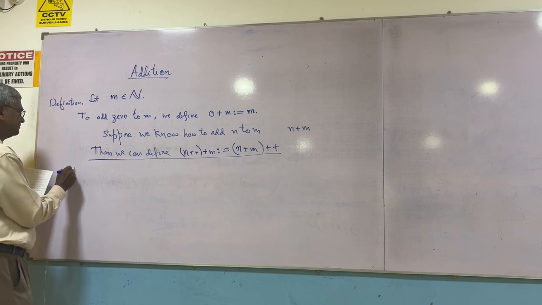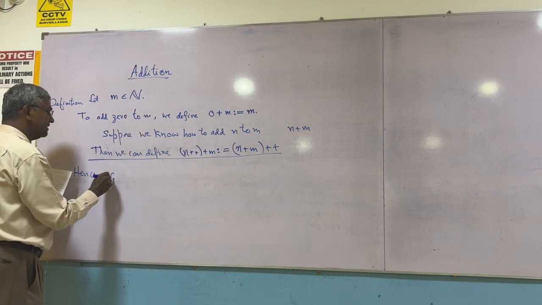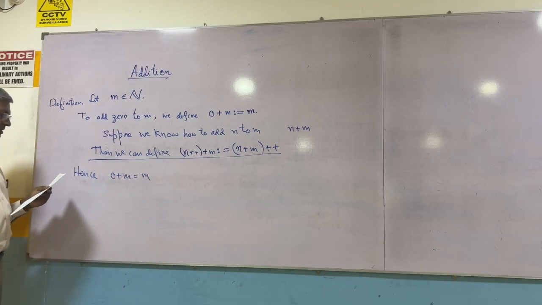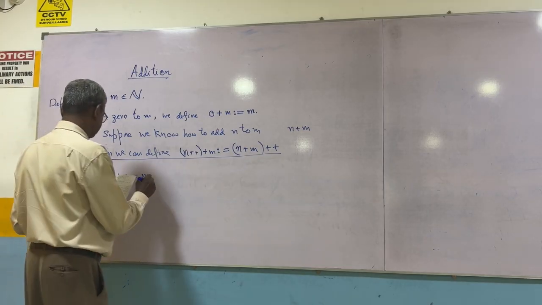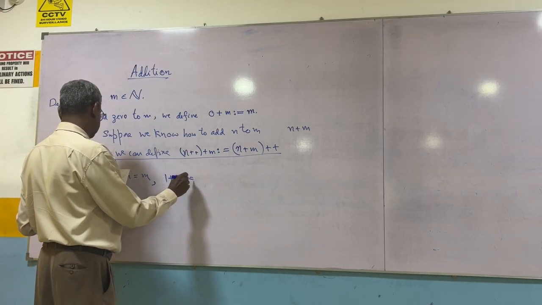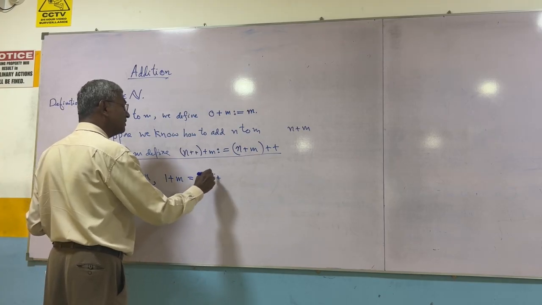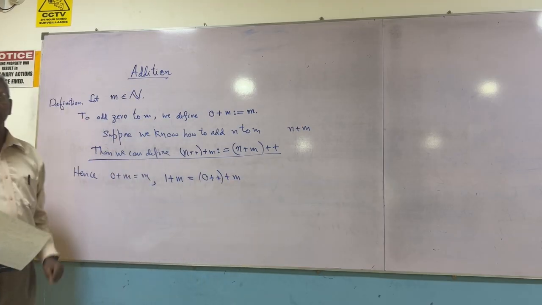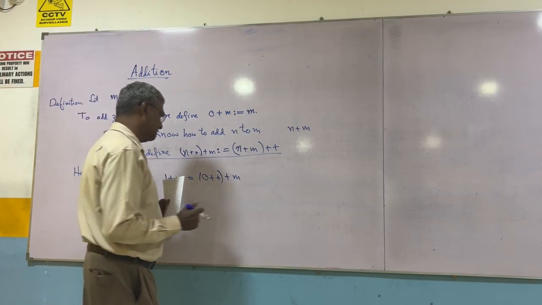Hence, we know right away 0 plus M is M. 1 plus M: 1 is 0 plus plus, so 1 plus M is (0 plus plus) plus M. We don't know how to add 1 to M directly, but we are going on using induction.